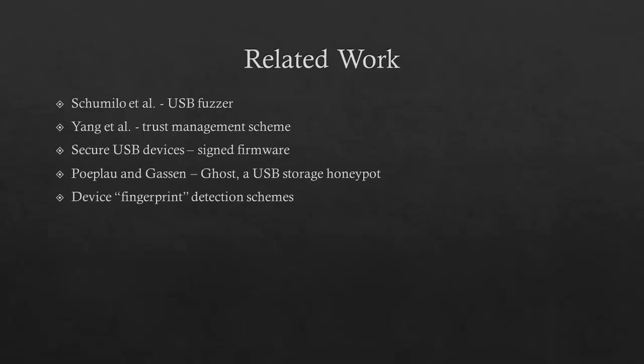As documented in the paper, there is much related work in the field of USB security. USB fuzzers have been proposed that would harden specific USB device drivers against software-based attacks. This would be insufficient to stop firmware-based attacks, however. Other trust management schemes have been proposed that mediate the use of USB storage devices in industrial control systems.